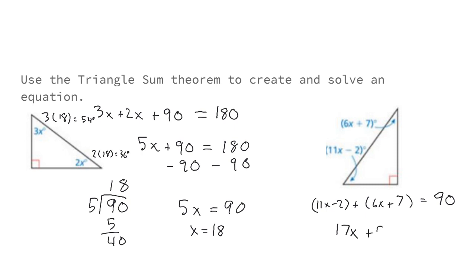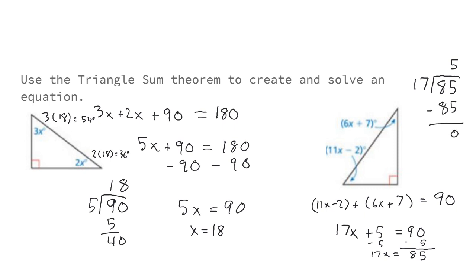That brings you to 5. I'm running out of space here at the bottom. If you subtract 5 from both sides, you get 85. The left side is still 17x. And so dividing 85 by 17, I believe this is equal to 5. So 35, yep. So x in this case is equal to 5.